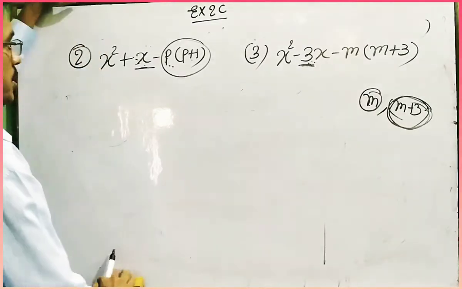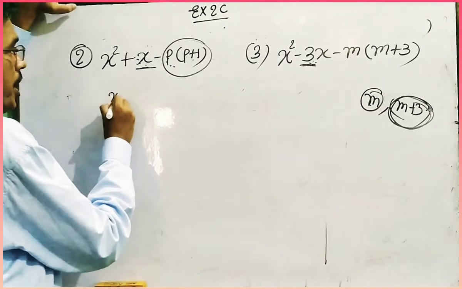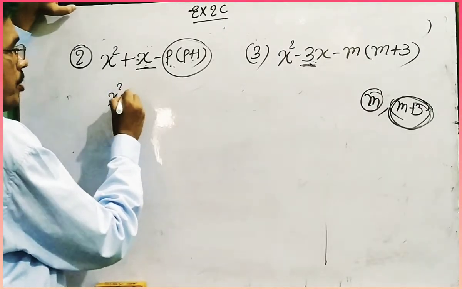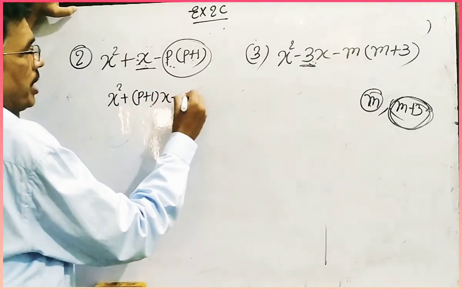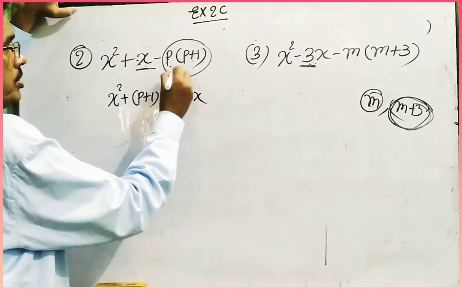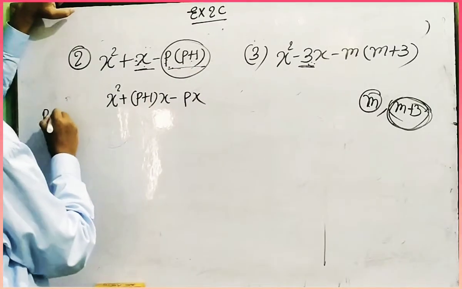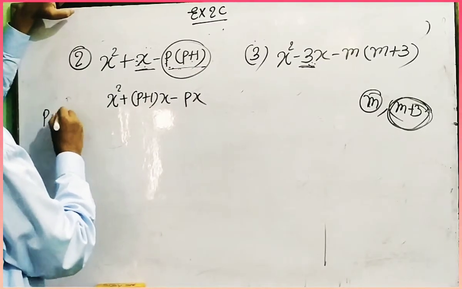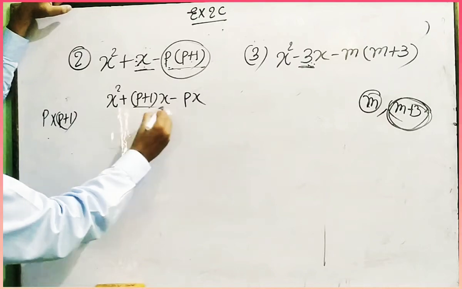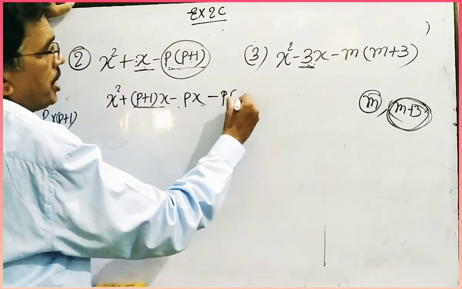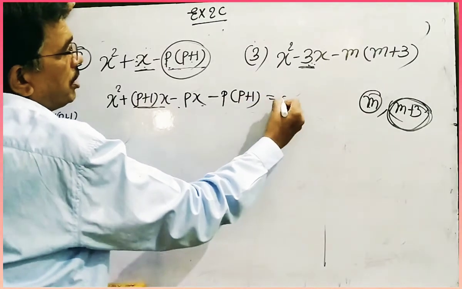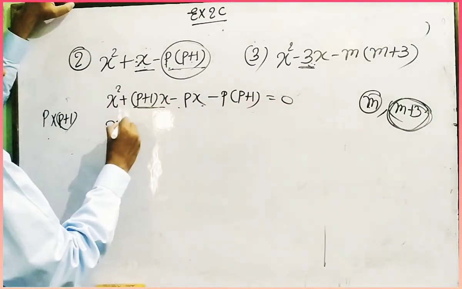So first, I write this question: x square plus p plus 1 times x and minus px, because the factors of this are p into p plus 1, minus p into p plus 1 equal to 0. What is common? x.